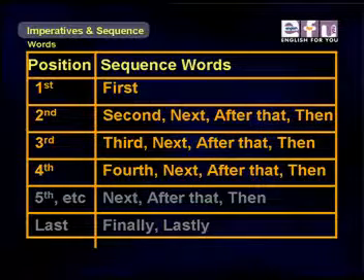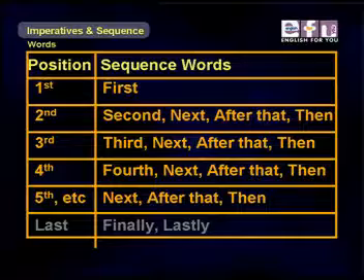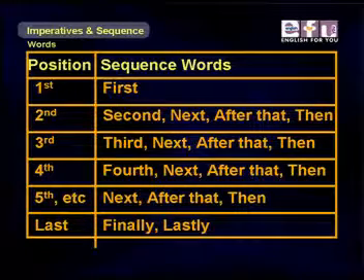For the fourth instruction, we can say fourth, next, after that, or then. For the fifth instruction, or the sixth, or the seventh, etc., we can use fifth, sixth, or next, after that, and then. For the last instruction, we say finally or lastly.